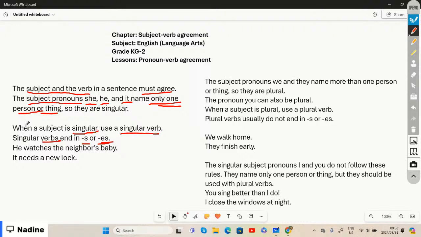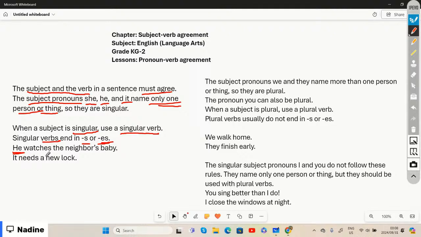And if we look at the subject that has a singular verb, it says he. He refers to one person. He is the subject. So you say he watches the neighbor's baby.